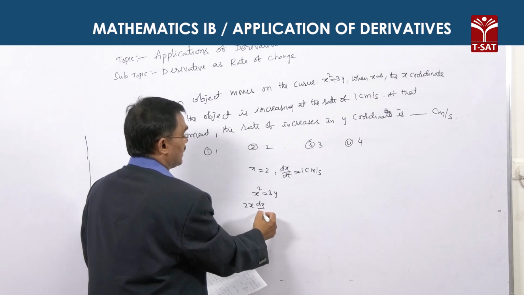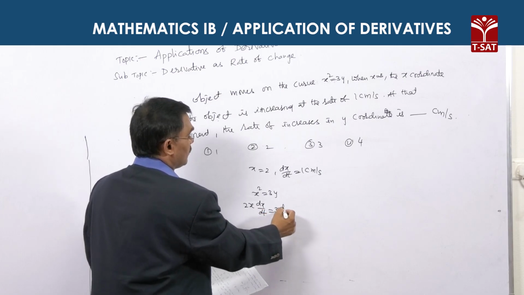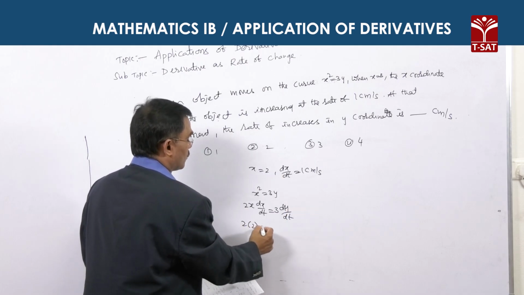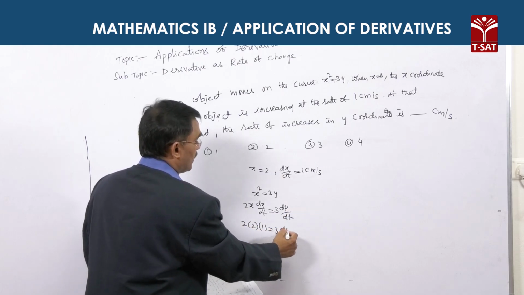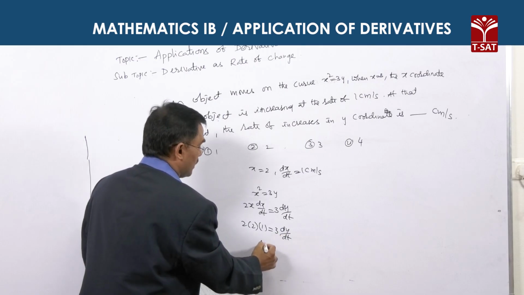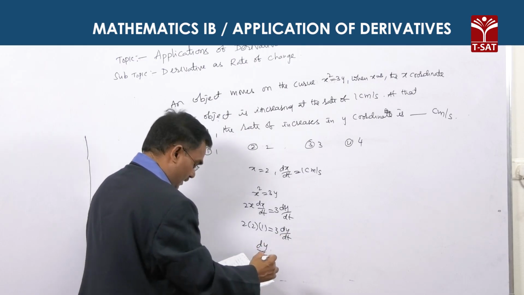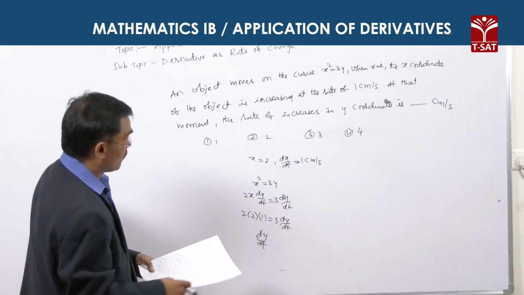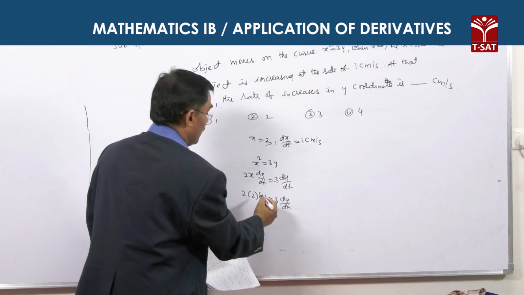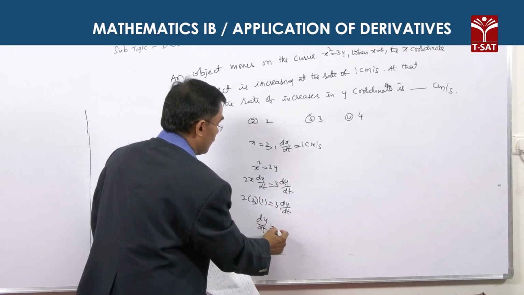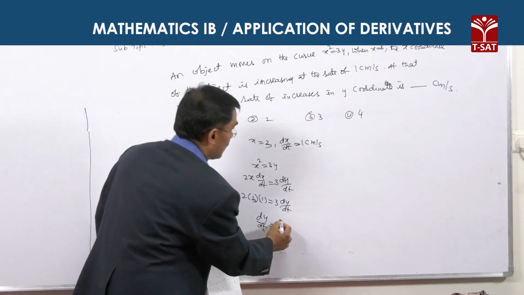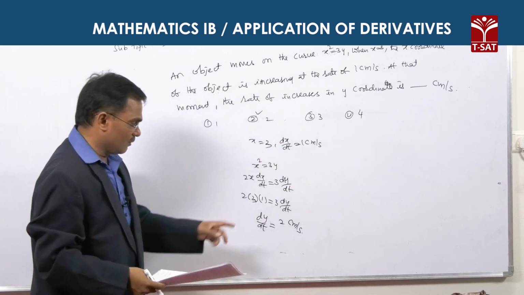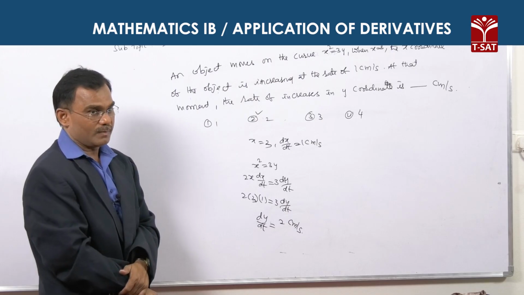Differentiate: 2x into dx by dt is equal to 3 into dy by dt. Substitute the values: 2 into 3 into 1 is equal to 3 into dy by dt. So therefore dy by dt at x is equal to 3 is 2 centimeters per second. Therefore rate of the change in y coordinate is 2 centimeters per second.